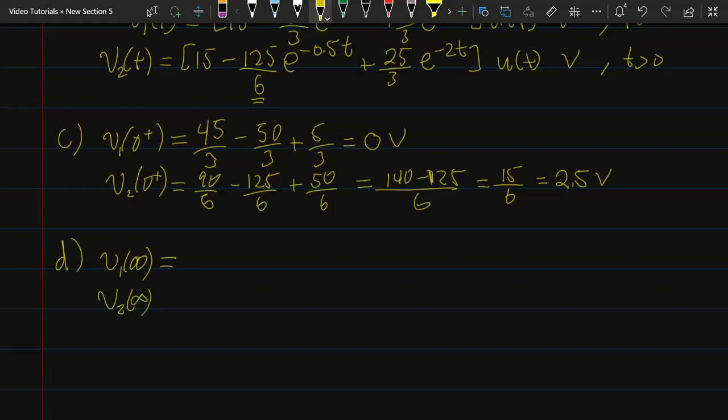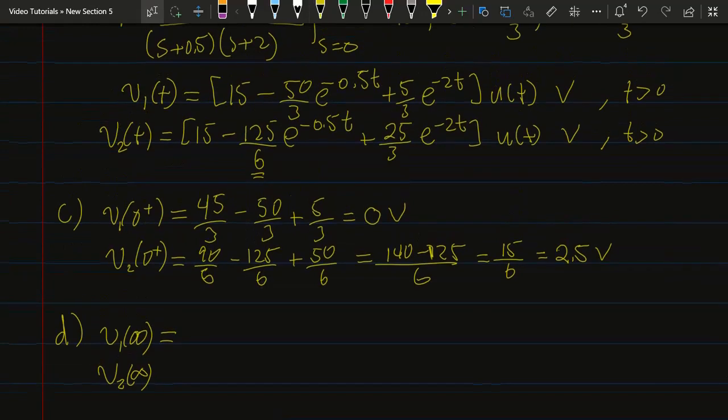So this is taking the limit, of course, and as you can see, if you take the limit, this will go to 0 and this will go to 0 because it has a negative power in there, and then what's left is 15. And for V2 it's the same thing, so V1 is equal to V2 at infinity and they both converge to 15 volts.